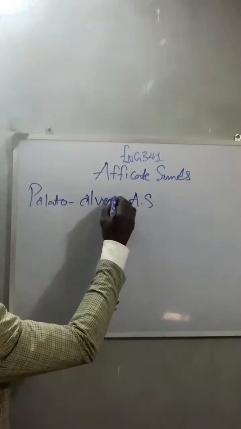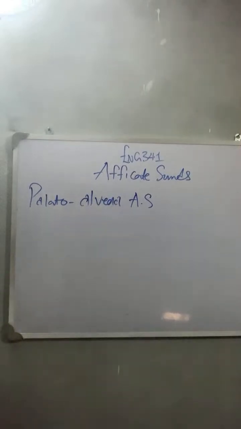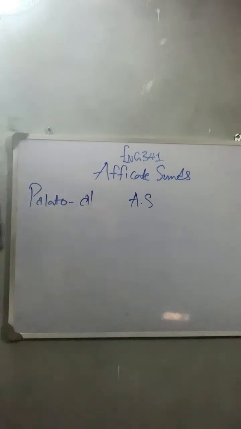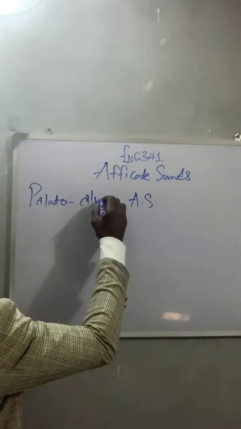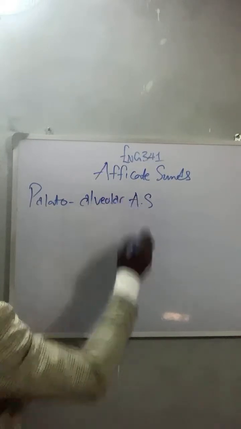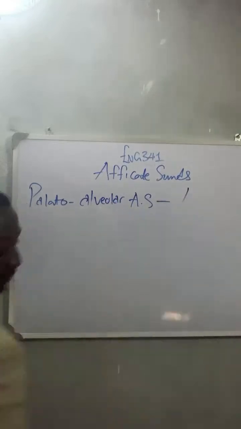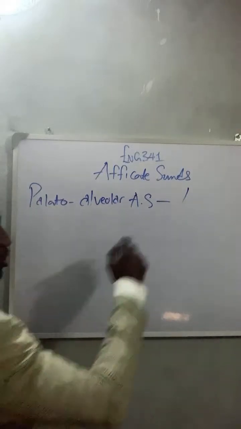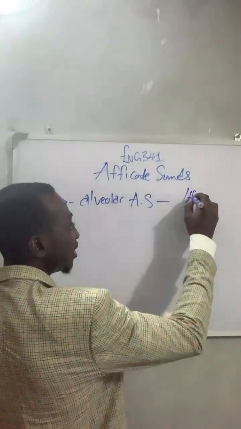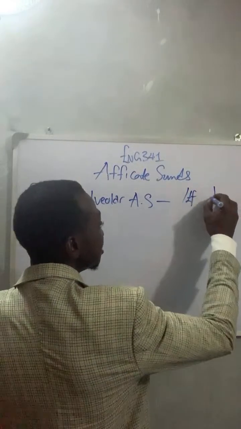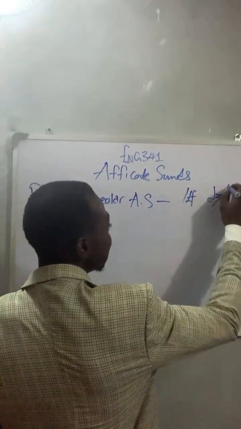Let me write this clearly: palato-alveolar affricate sound. We have an example of this as the consonant sounds tʃ, and we also have dʒ.